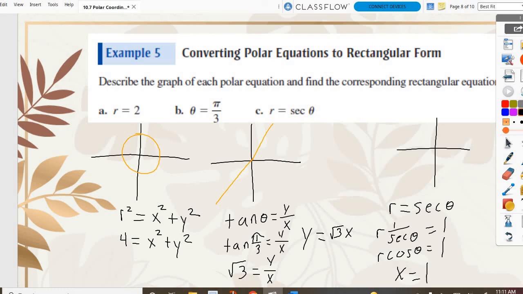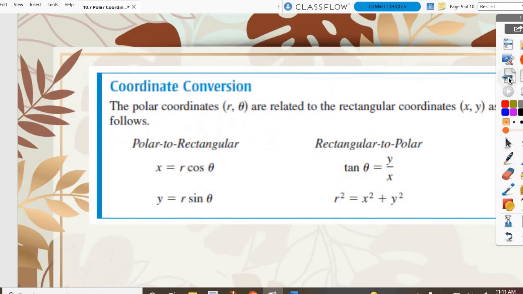So what type of graph is x equals 1? It's just a vertical line at 1. Where would you put x from? So x equals our cosine.